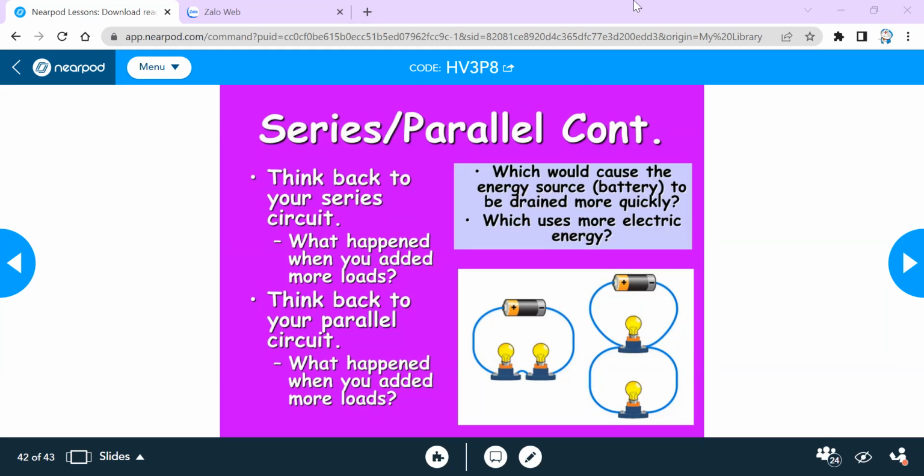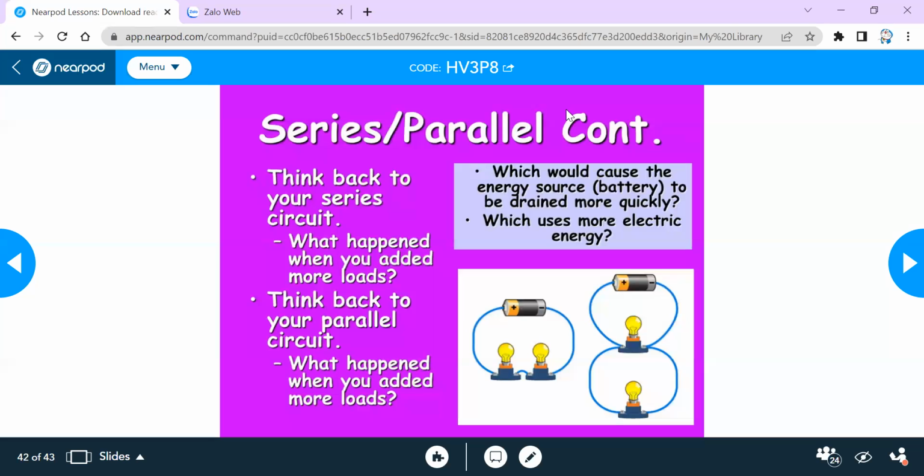Therefore, the more light bulbs you add to a series circuit, the dimmer the light bulbs get.